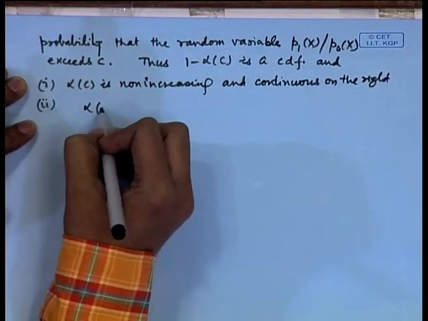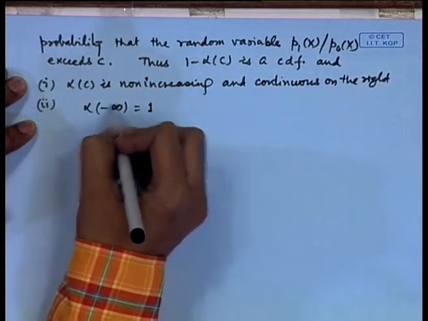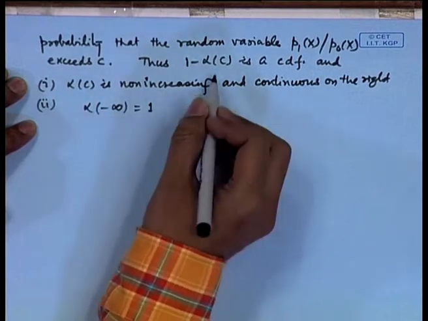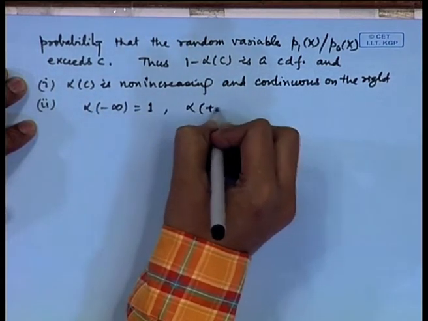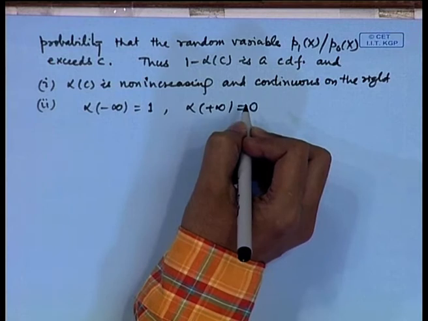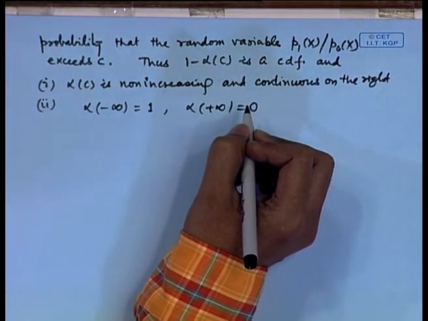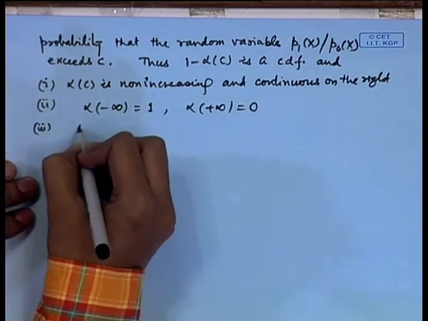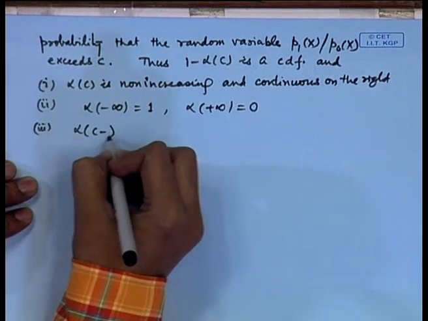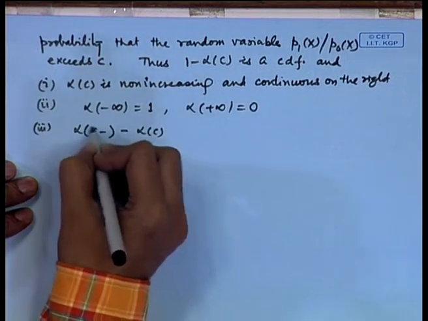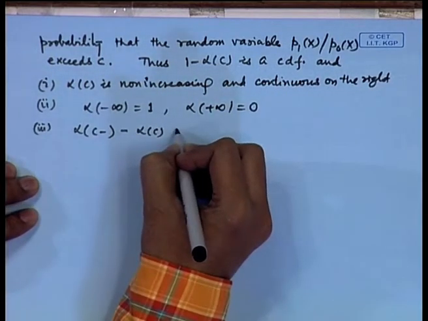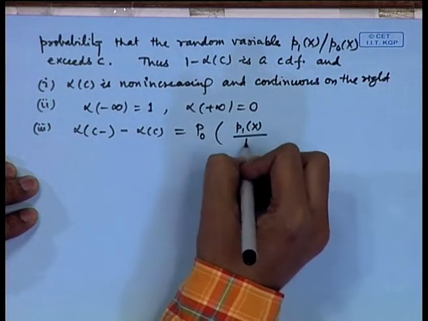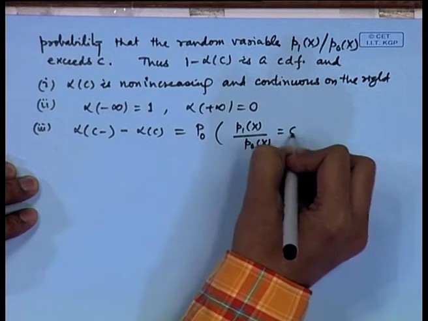Secondly, alpha of minus infinity will be 1, that is the limit of alpha c as c tends to minus infinity, because 1 minus alpha c is a CDF, and alpha at plus infinity will become equal to 0. The third is that alpha c minus alpha c minus, that is the left hand limit at c, is the probability that P 1 x by P naught x is equal to c.